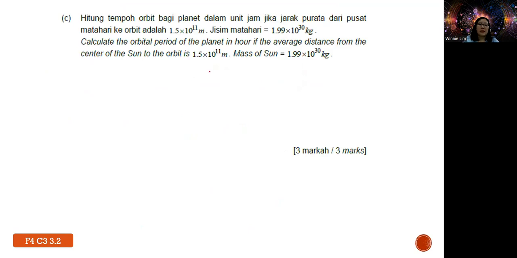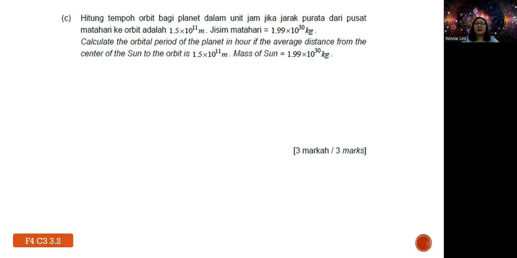C. Calculate the orbital period of the planet in hours, if the average distance from the center of the sun to the orbit is 1.5 times 10 to the power of 11 meter, and the mass of the sun is 1.99 times 10 power of 30 kg. What formula can you apply for this part?